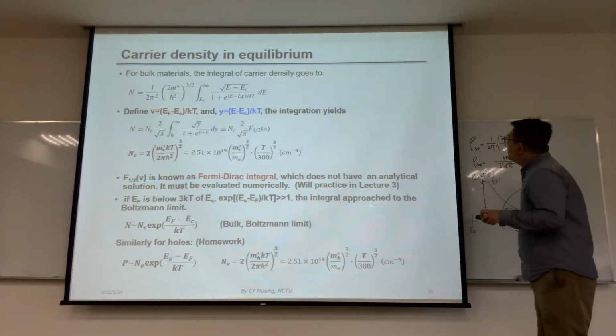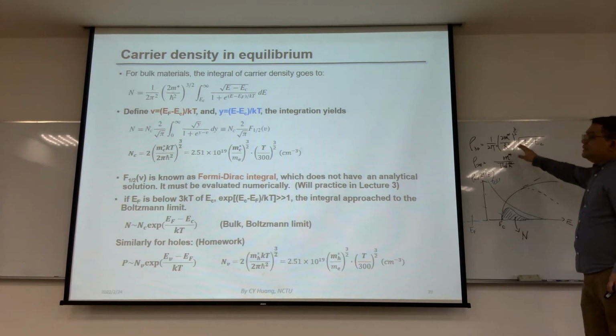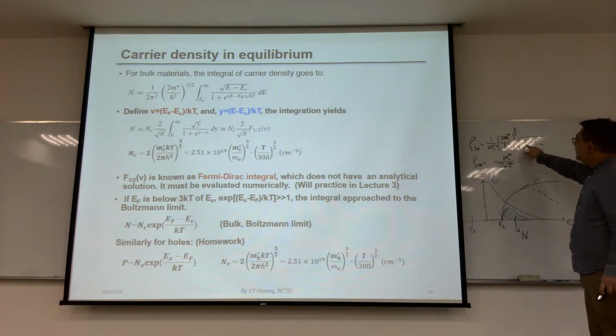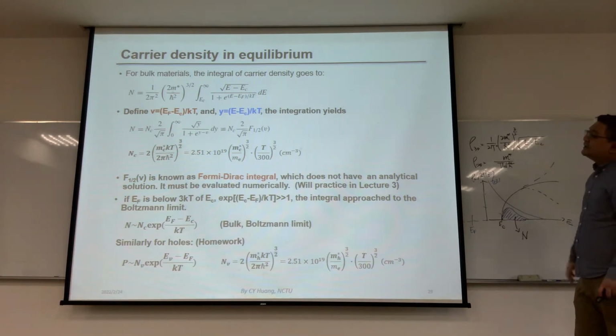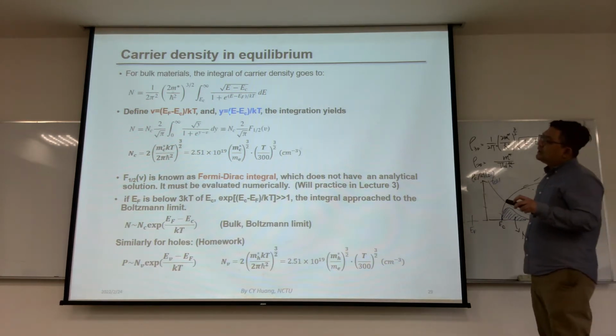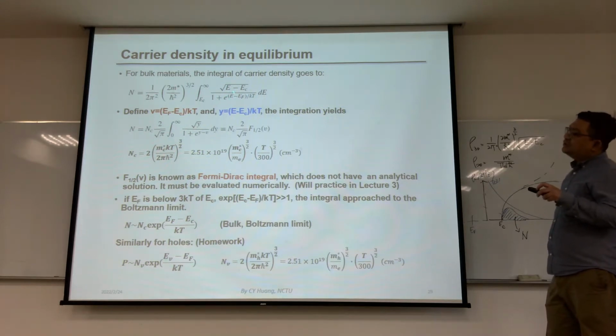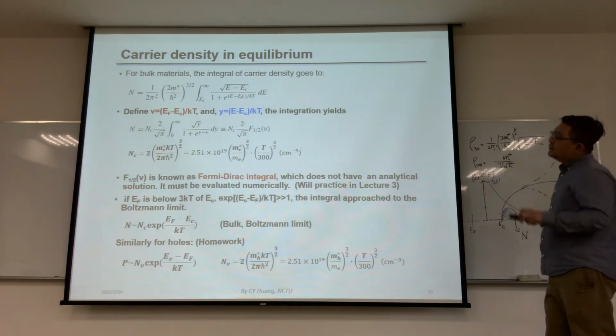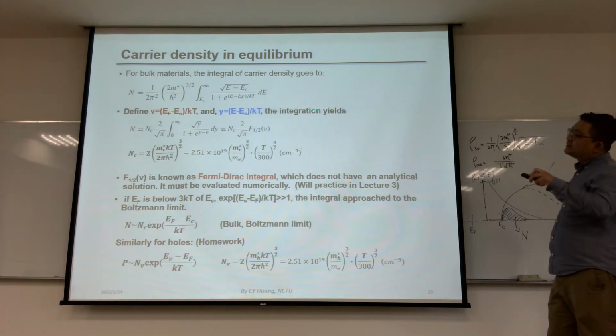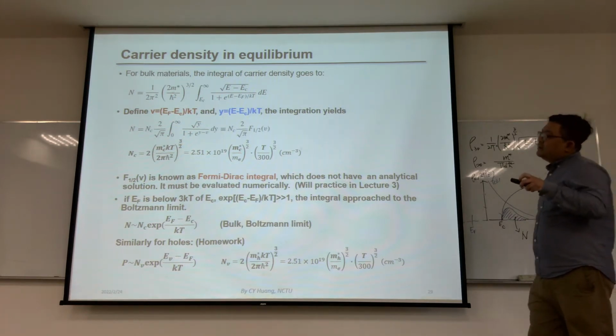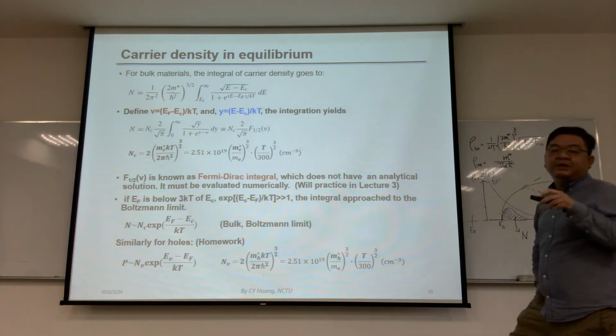Alright, so in the 3D case, the relation is the square root of E minus EC. If you put all the constants outside and leave the term with energy inside, we have an equation like this. Then we define two unit values.